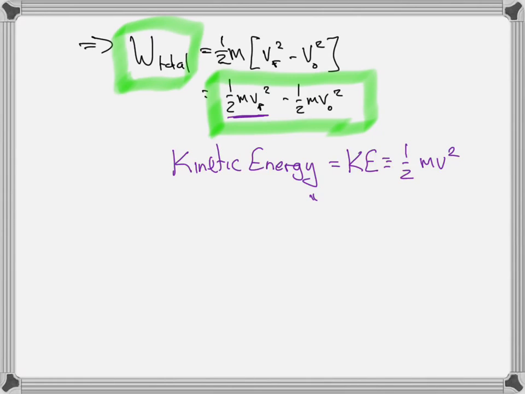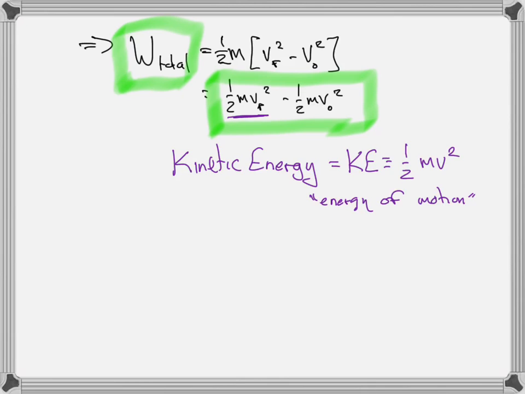This is the energy of motion. When we start to talk about energy and energy conservation, we'll see that there are two types of energy. There's energy due to motion, kinetic energy, or 1/2 mv squared, and there's energy due to position, which is potential energy, which has different forms depending on what kind of potential energy it is. But this energy of motion is super important.